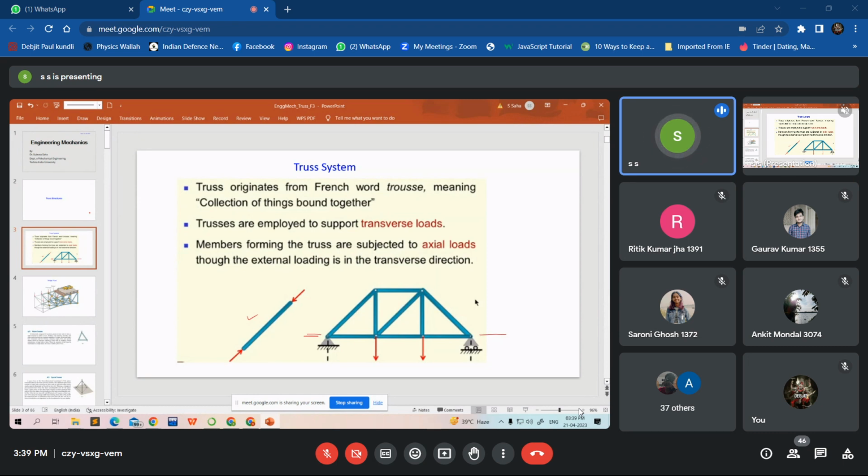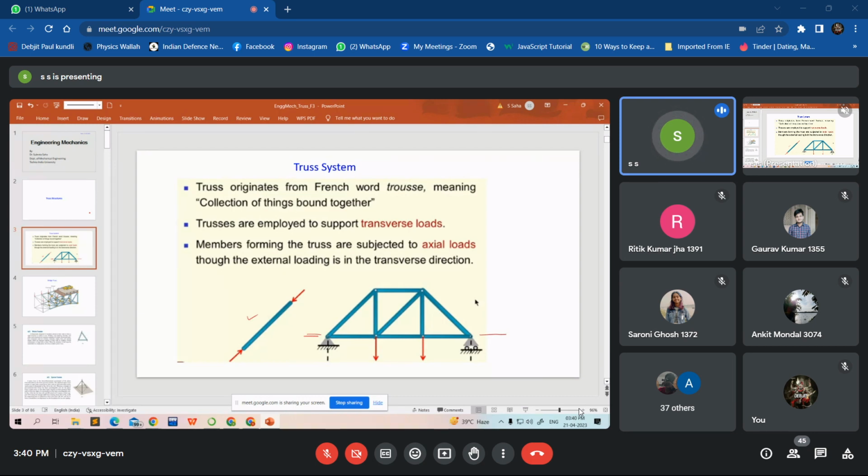So the forces are axial. One thing you have to notice: the entire truss as a body, as a system, is withstanding transverse load, but the members are subjected to internal forces, basically axial load.